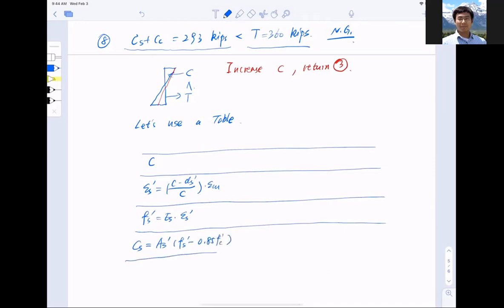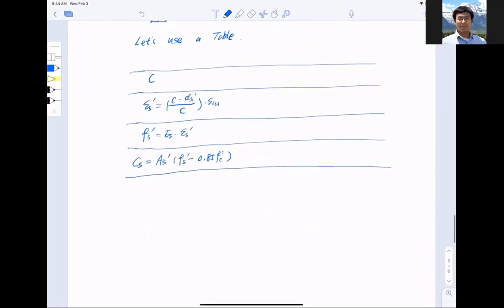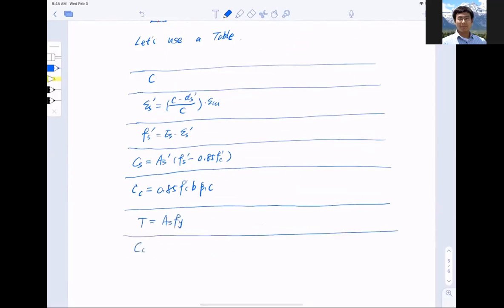Okay, sorry, let me extend the line a little bit. All right, and next line is Cc equal to 0.85 f prime c beta 1 c. Okay, next one is tension T equal to As Fy. All right, and then next one is Cc plus Cs.